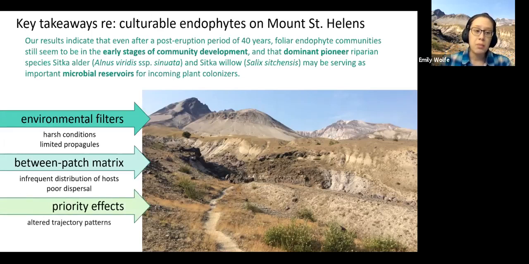Basically, depending on the identity of the colonizing microbe, the order in which it arrives, and subsequent patterns of colonization, that all can be affected.